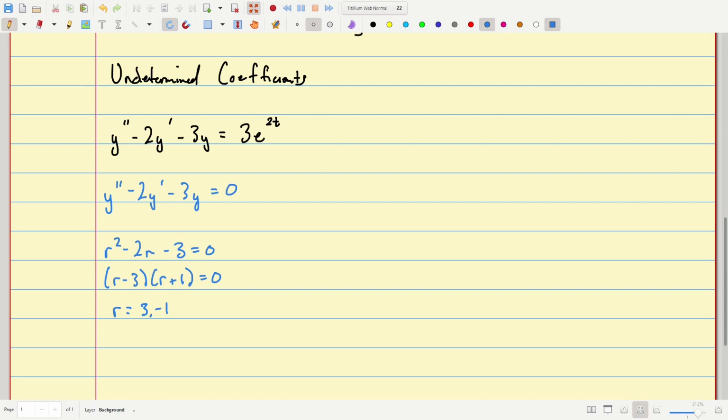So we can find the roots of the characteristic equation are 3 and -1. That tells us that the homogeneous solution is equal to C1e to the 3t plus C2e to the minus t. That makes sense?